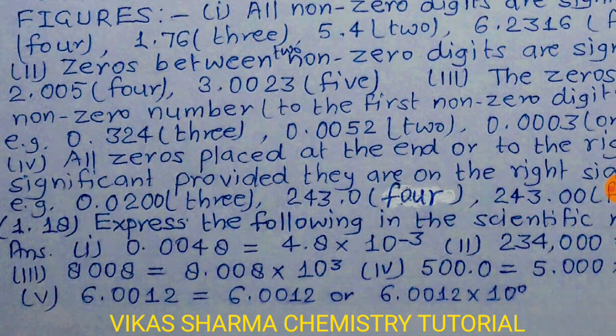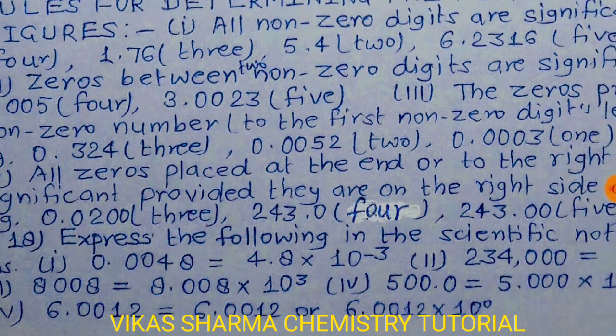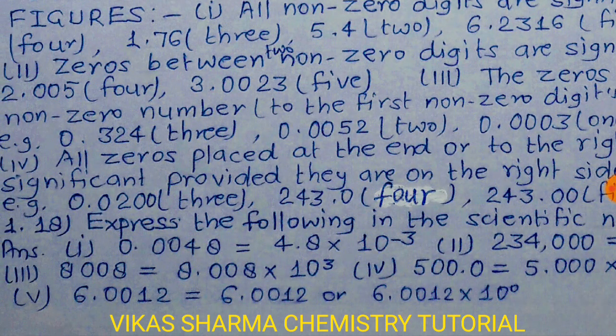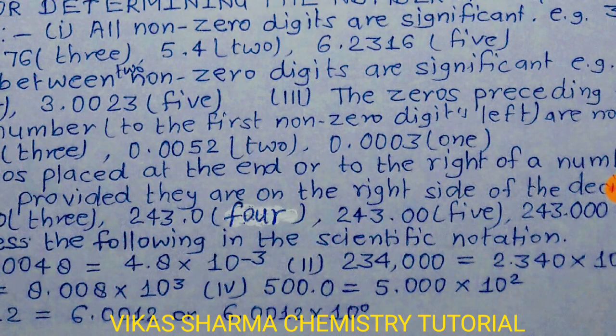Question number 3, 8008. The scientific notation is 8.008 into 10 to the power 3. Question 4, 500.0, it is 5.000 into 10 to the power 2. Question number 5, 6.0012. We convert it into 6.0012 into 10 to the power 0.